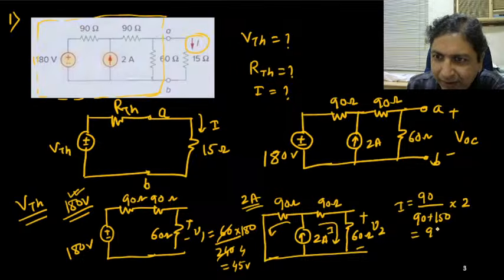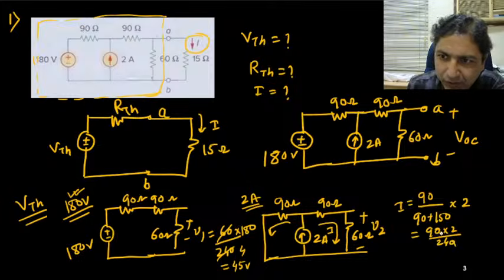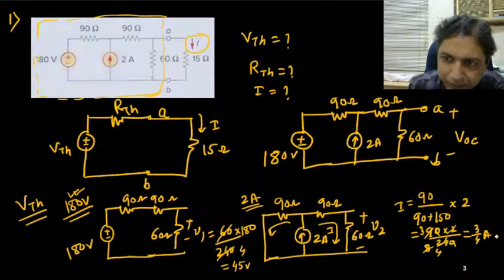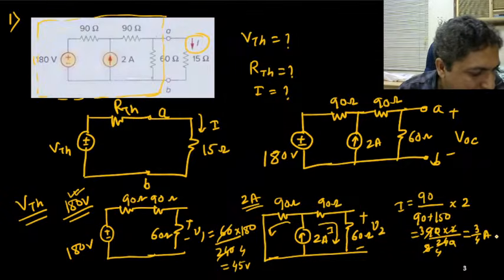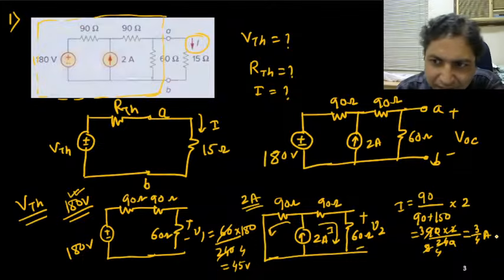So it is 90 into 2 by 240. So this one, these things, and this is 3, this is 8, and this is 4. Yes, 3 by 4. It is a 3 by 4 ampere. Correct? This is 3 by 4 ampere.